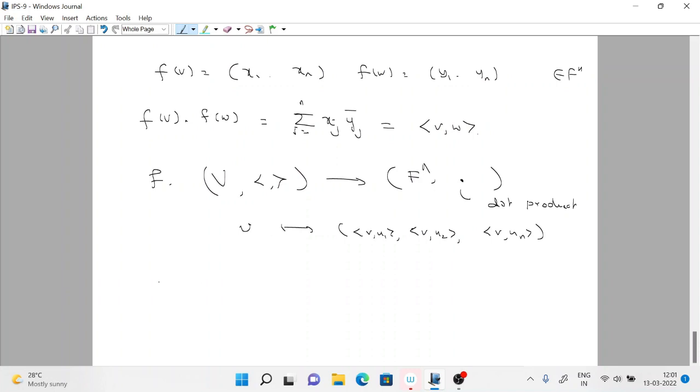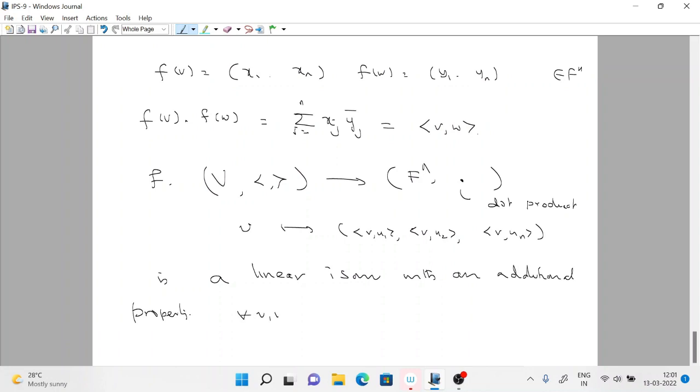Okay, this is not only a linear isomorphism, but with an additional property. What is that? It preserves the inner product.